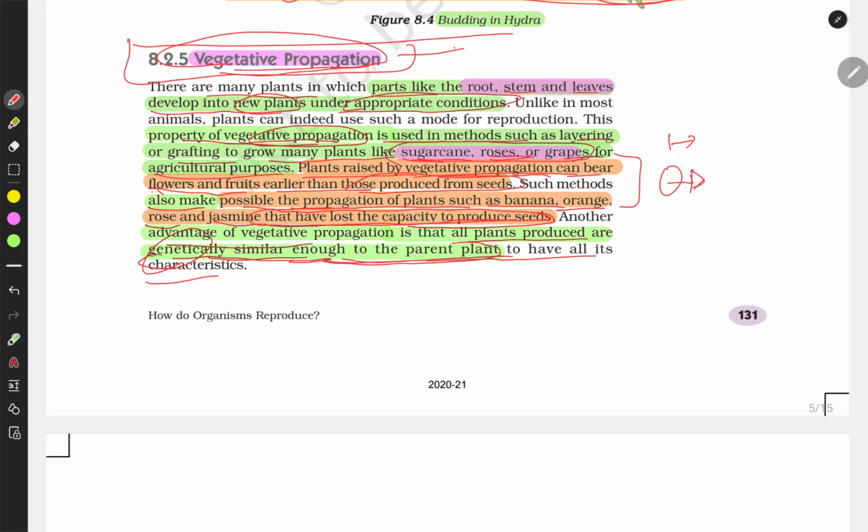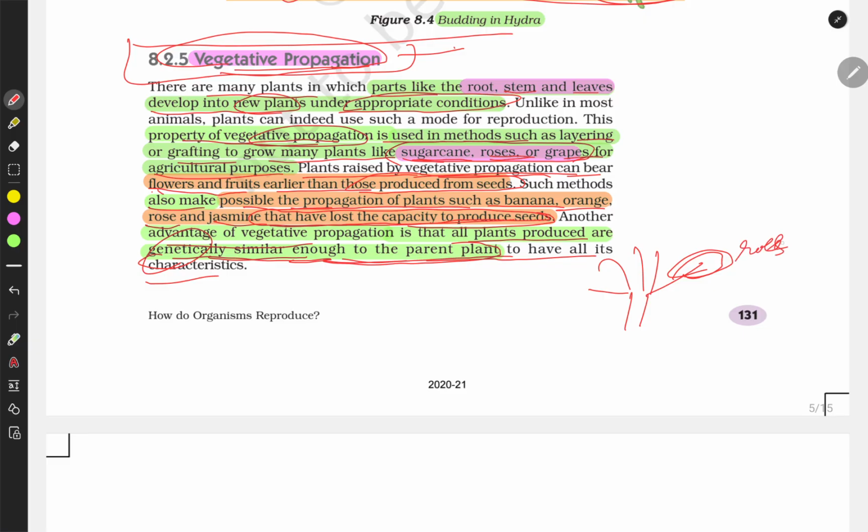It has not been explained how this vegetative propagation actually propagates into a new individual. Let me try to make this clear. Suppose this is a tree, and it has multiple branches. Suppose this is a rose tree.